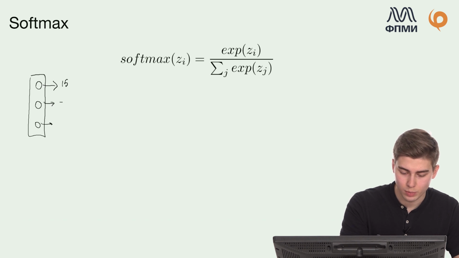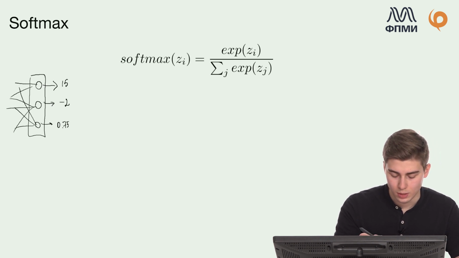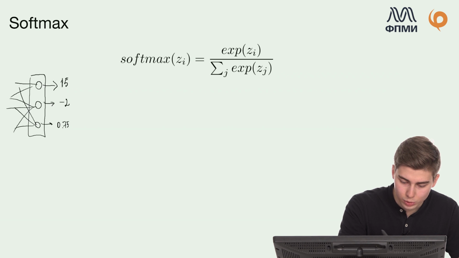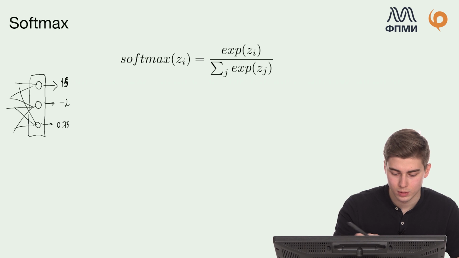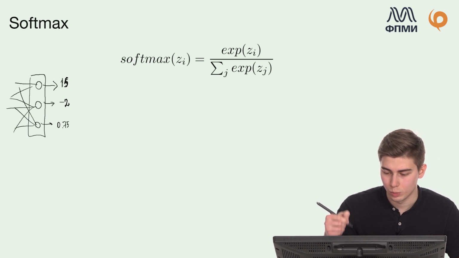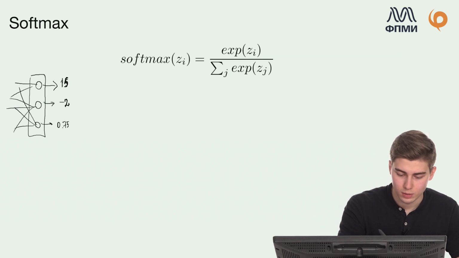Score 15, score -2, and score 0.75. And the Softmax function just scales our scores for them to be between 0 and 1, their sum to be equal to 1, and it makes our scores non-negative.